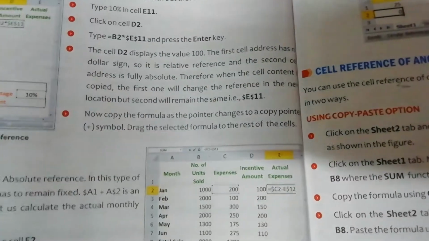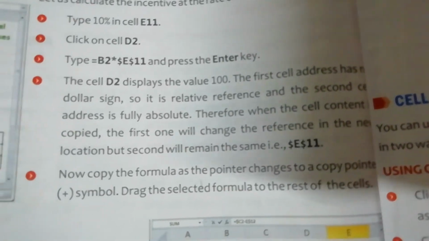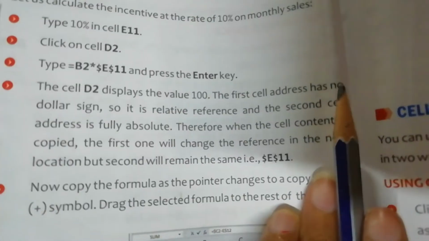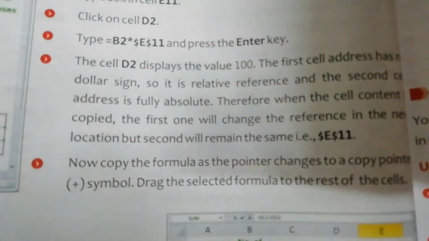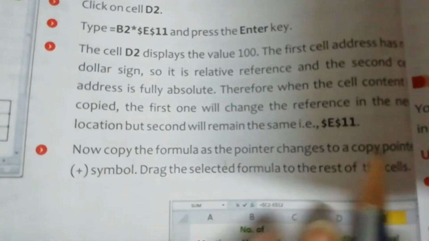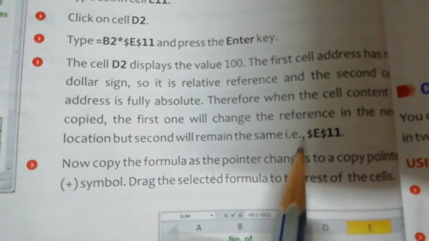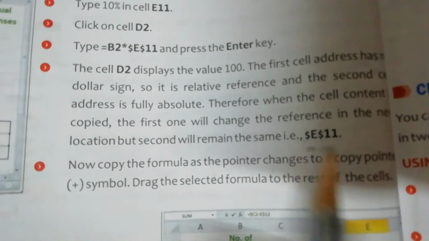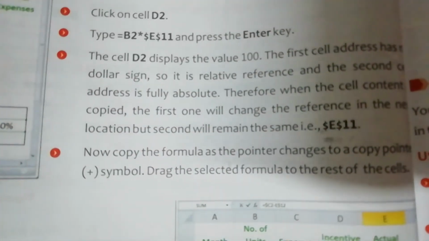You have to put a dollar sign before each column and row name because it is fixed in nature, it is constant in nature.